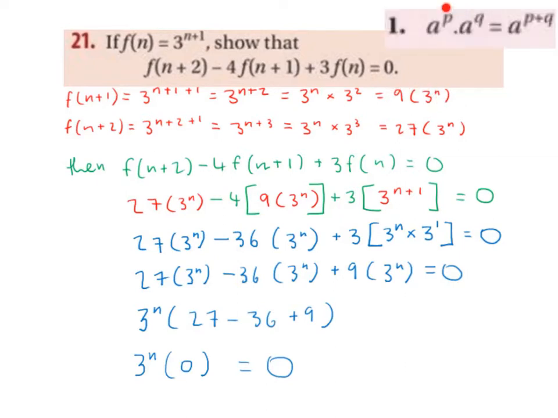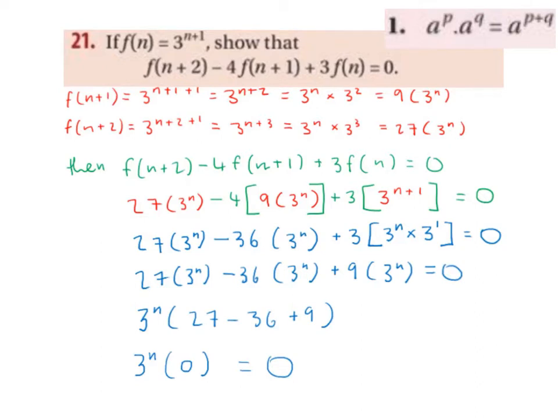So the law that I used there was law number 1, which tells us that a^p multiplied by a^q gives us a^(p+q). So basically when you're multiplying powers with the same base, you add the powers. So to get from 3^(n+2) to 3^n multiplied by 3^2, I went backwards with this rule.